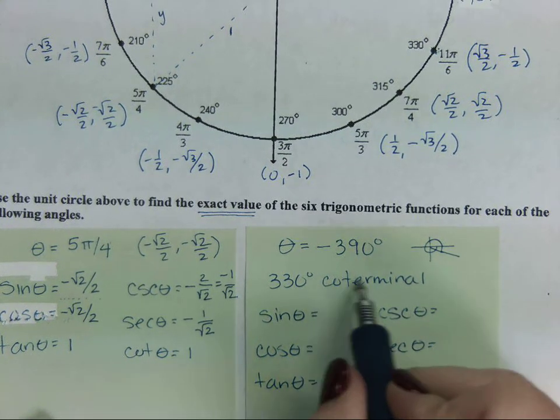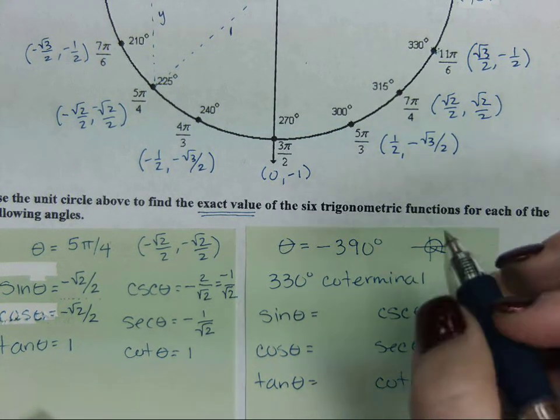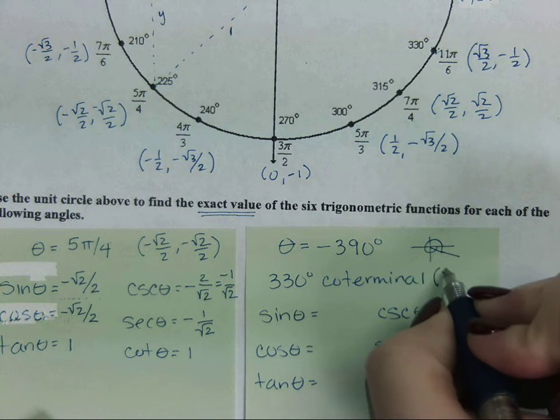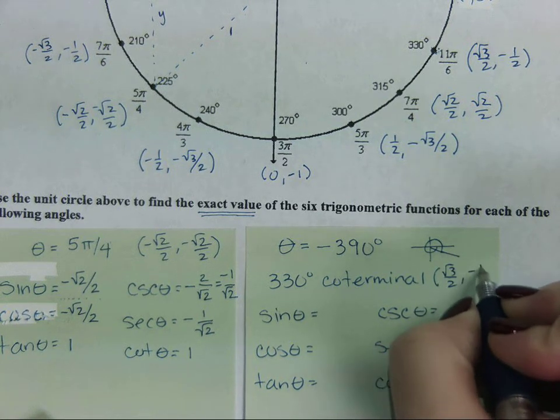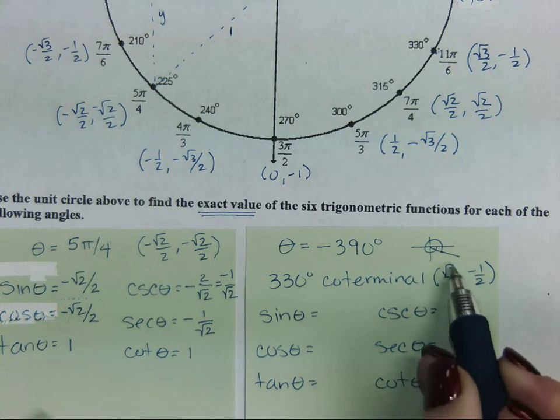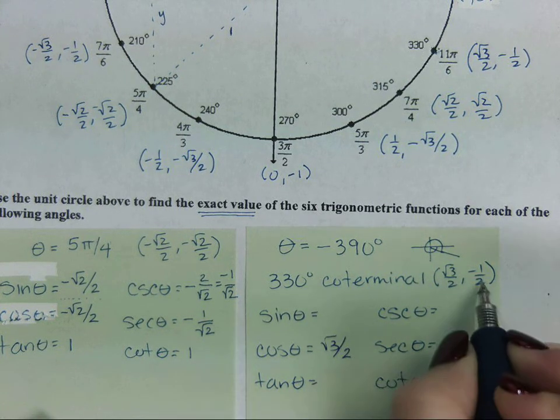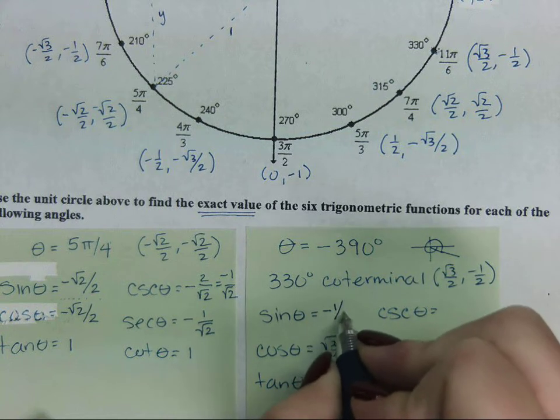The coterminal angle with the one we have terminates on the coordinate root 3 over 2 and negative 1/2. And so again, the x value here is my cosine. The y value is my sine.